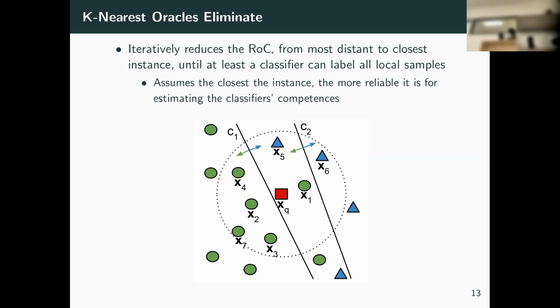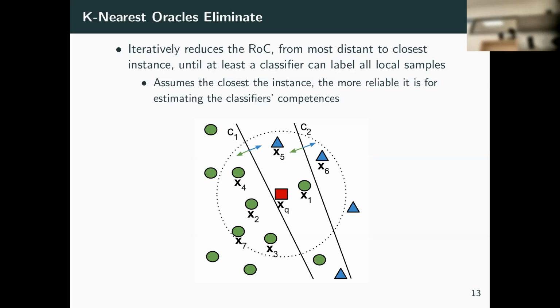So what we can take from this is that the KNORA-E assumes that the closer the sample is to the query, the more relevant it is to estimate the competence, which may or may not be true, depending on the configuration.